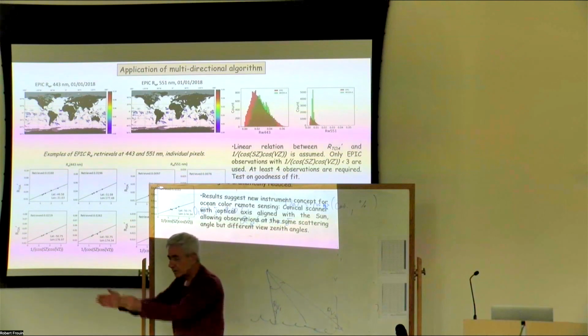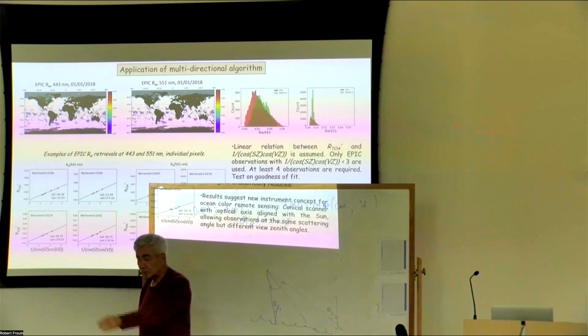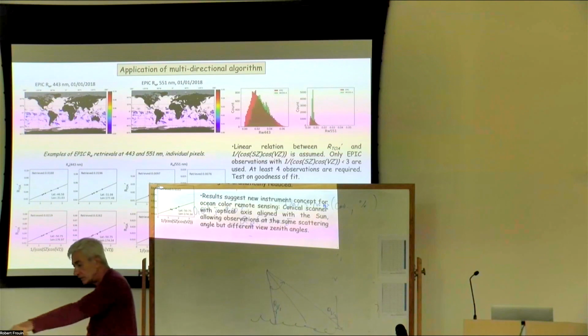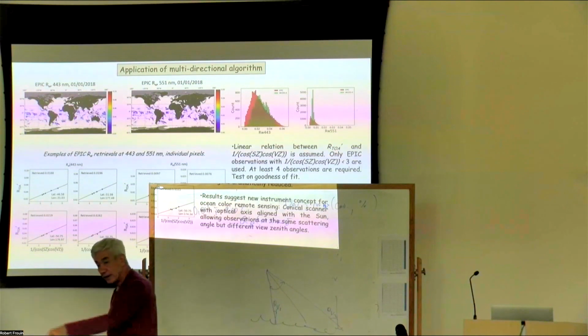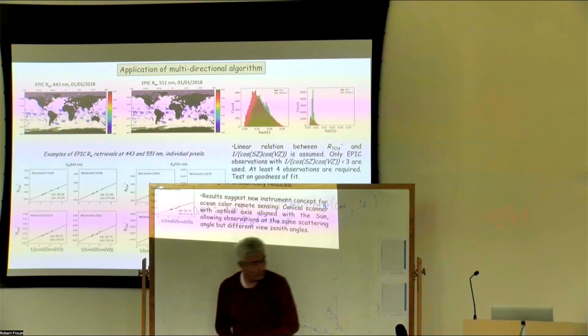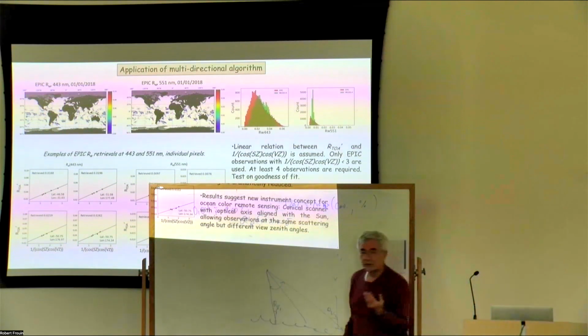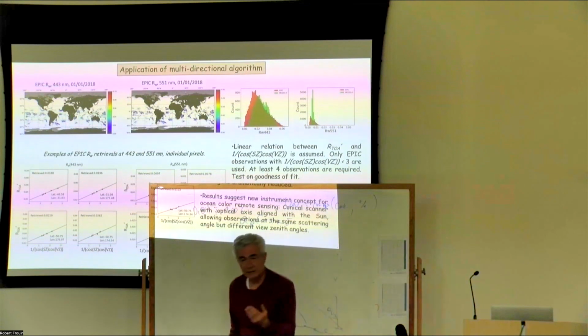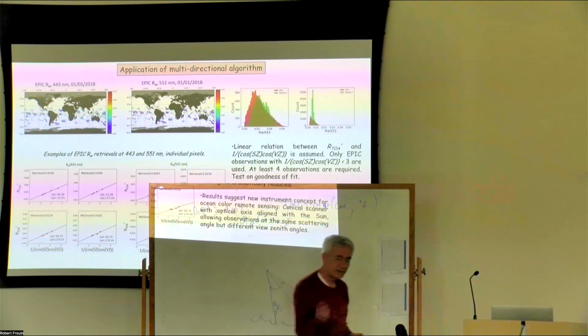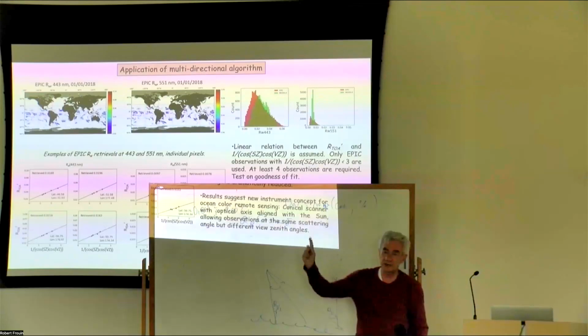The satellite moves, but in order to have the same scattering angle, you need something else, because the scattering angle has to be constant.